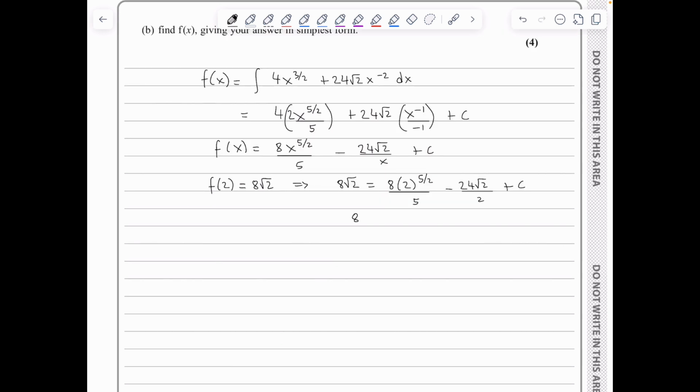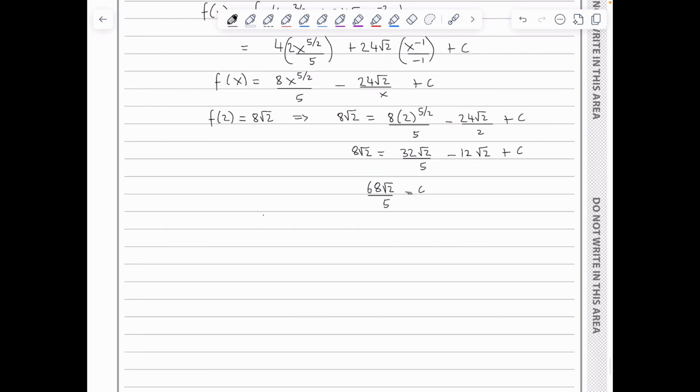This leads to 8 root 2 is equal to 32 root 2 over 5 minus 12 root 2 plus c, which means that c is 68 root 2 over 5. The only thing missing is a final answer for f of x. So we've got that f of x is equal to 8x to the 5 over 2 over 5 minus 24 root 2 over x plus 68 root 2 over 5.